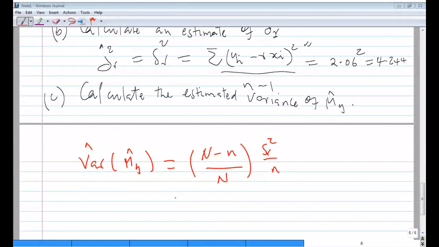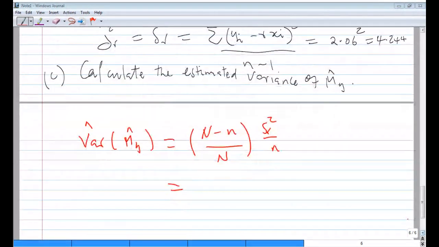Okay, now what is our population size? It's 1,000, isn't it? Yes, 1,000. Then sample size is what? 10. Thank you.